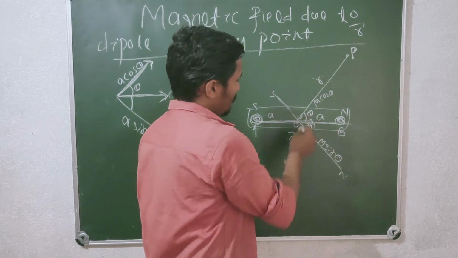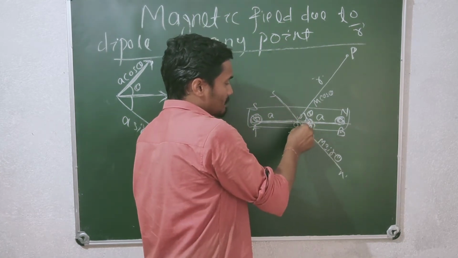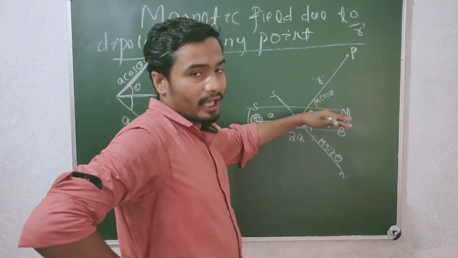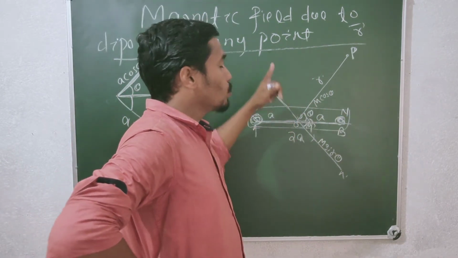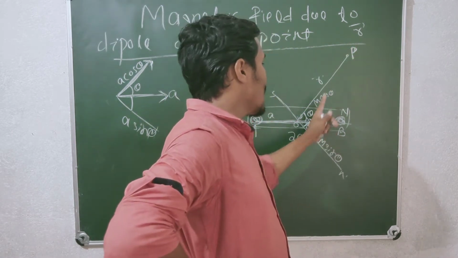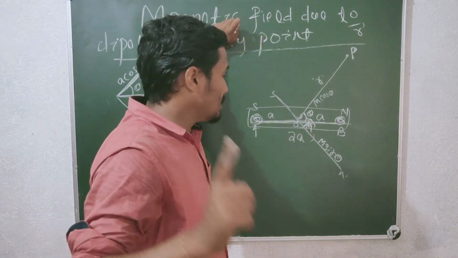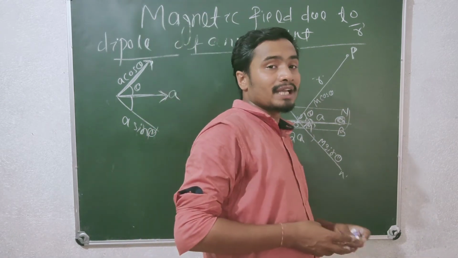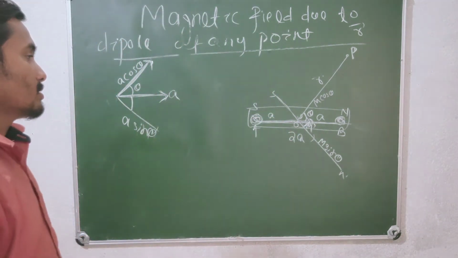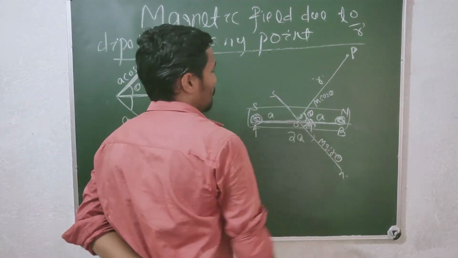So m cos theta and m sin theta are perpendicular to each other. The vector m splits into two scalar components, m cos theta and m sin theta, the vertical component. So this is the complete figure.